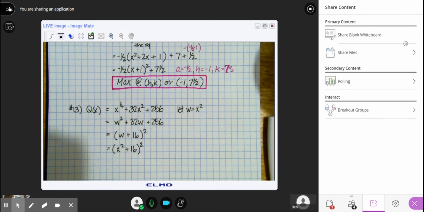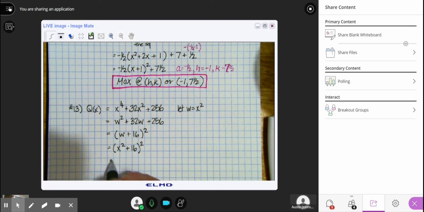You cannot. If it were x squared minus 16, we'd have some traction. But this is an x squared plus 16. Perfect. So this would be x squared plus 16 times x squared plus 16. X squared plus 16 would be x plus 4i, x minus 4i.